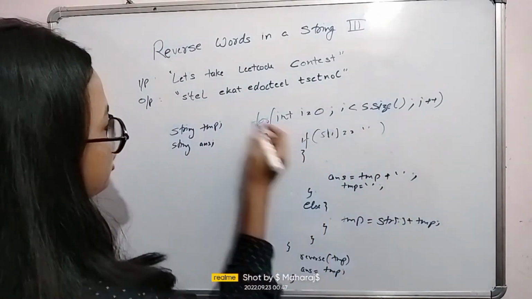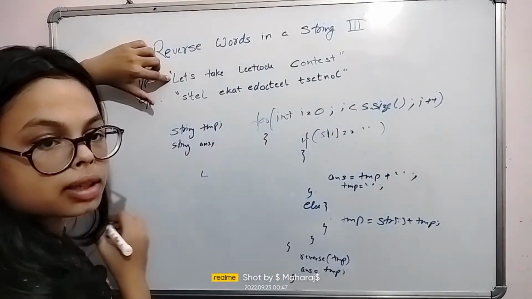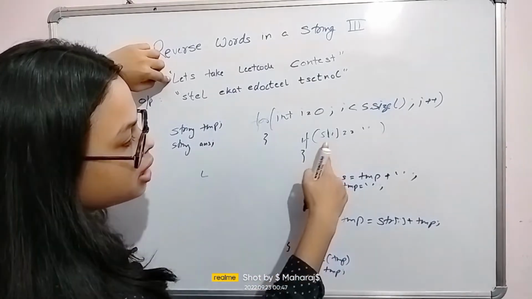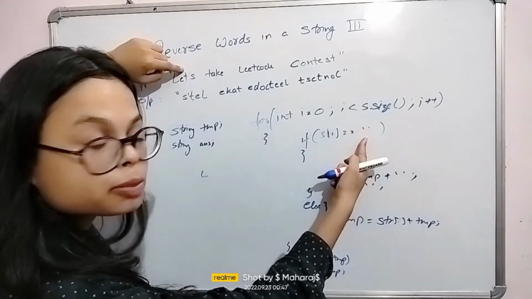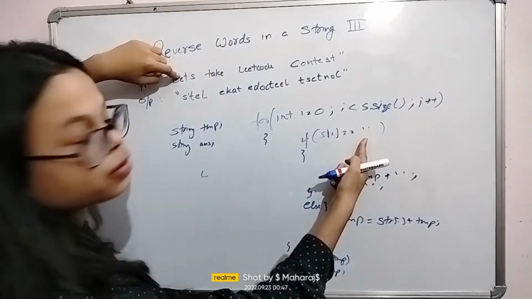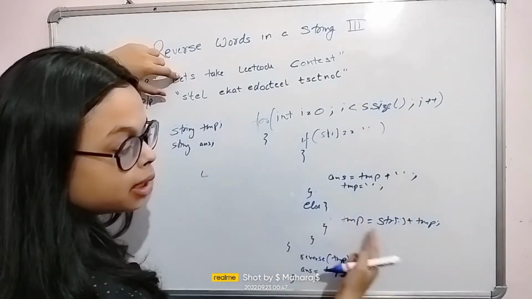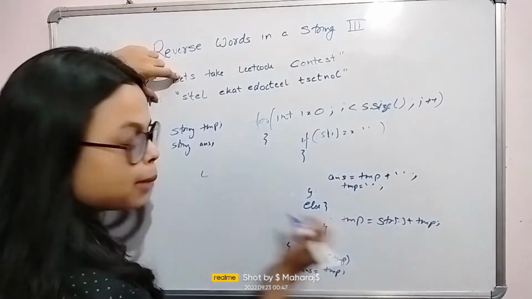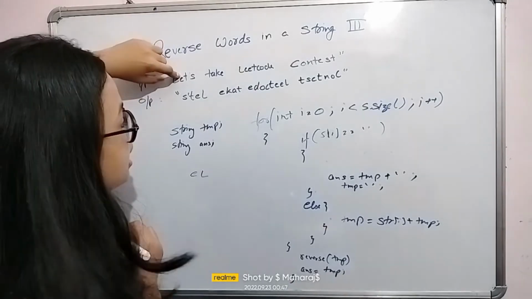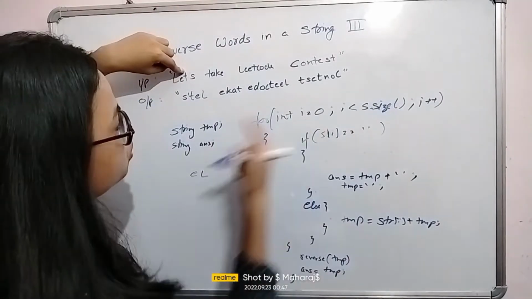For i equals 0 we'll get L. Next we check s of i equals space? No, it's not a space, we have s of i equals E. So E will come and be added before temp, so we will have E here, and then for i equals 2 we'll get T.